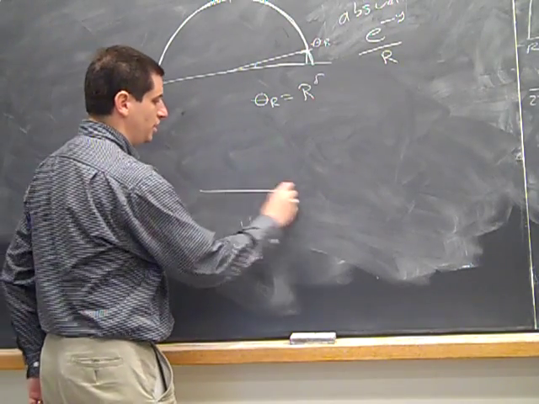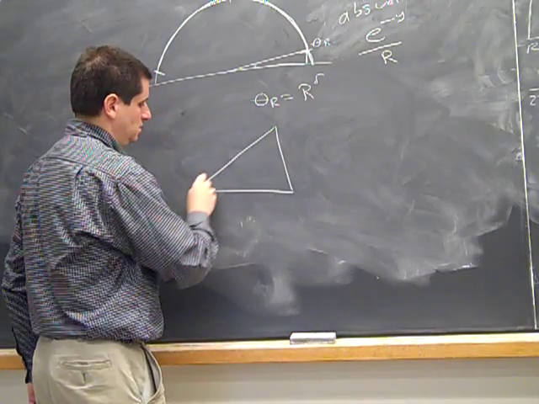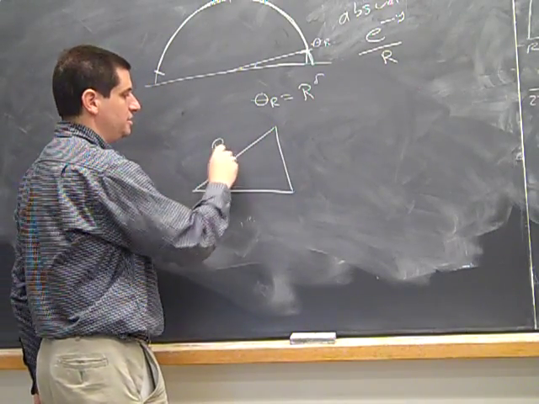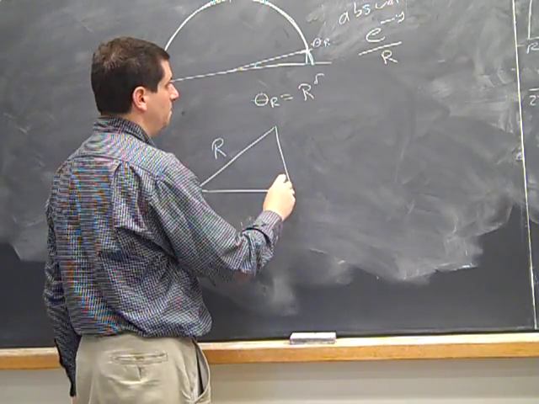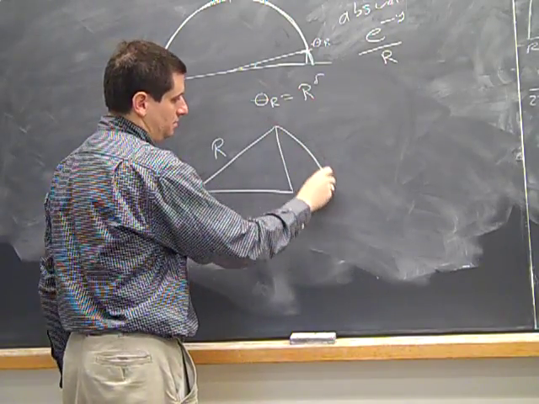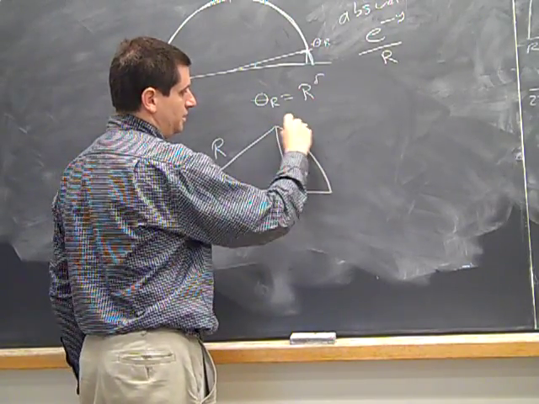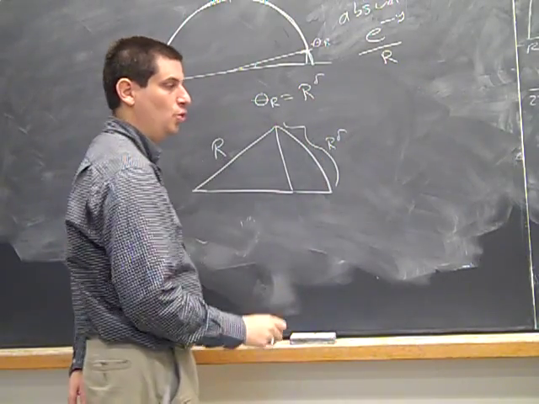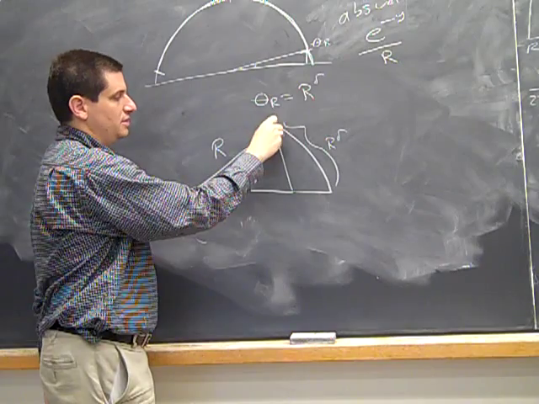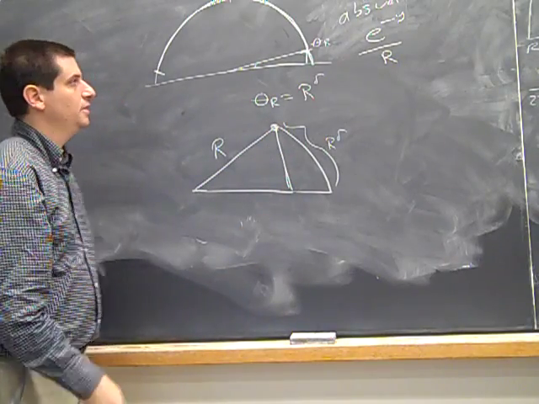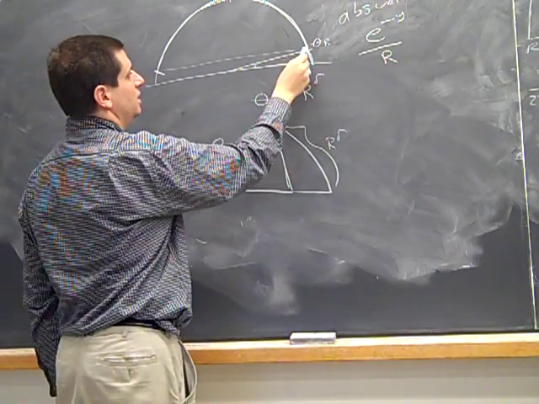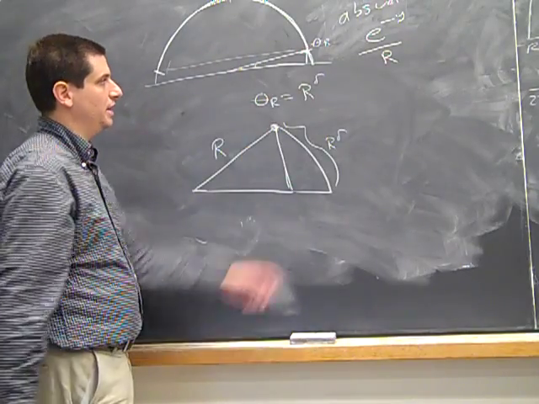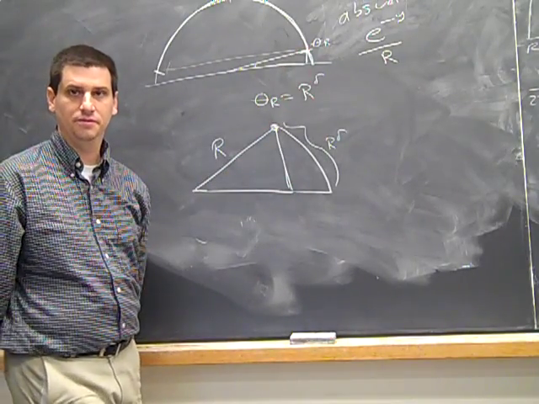So one thing is you could draw the triangle. And so here's radius r, and then this length here is r to the delta. We need to figure out what is this value of y, because on this big arc here, I can now replace e to the minus y with whatever that height is.